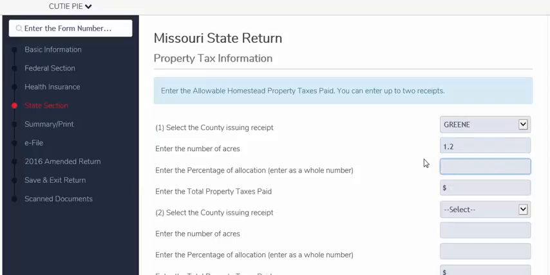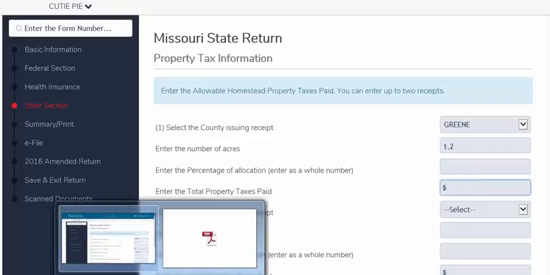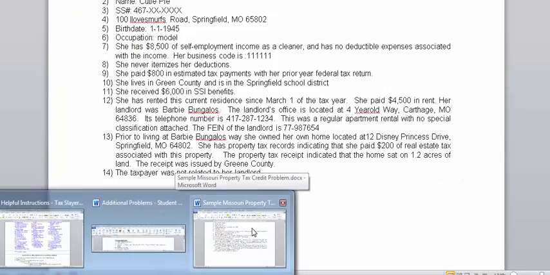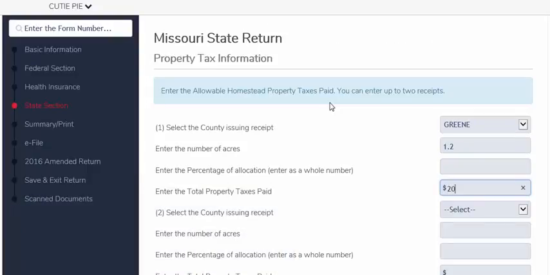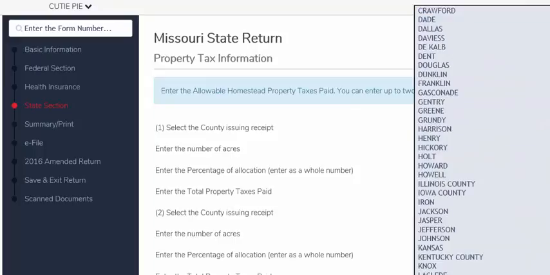So if we had more than one person living here, or more than one taxpayer living here more specifically, we would have to allocate it out. Enter the total property taxes paid, and those were $200. We said Greene County issued that receipt.